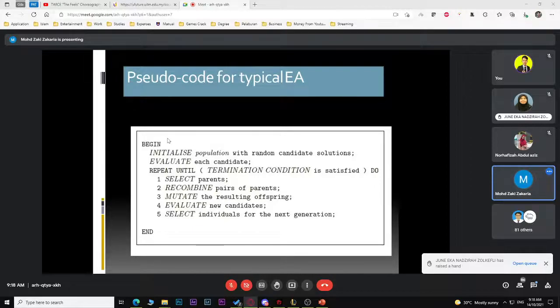And then after we evaluate, we need to repeat until the condition is satisfied. For example, repeat means the number of iterations. For the first iteration, you need to do all these things: select, recombine or crossover, mutate, evaluate, and select. This is the first iteration.